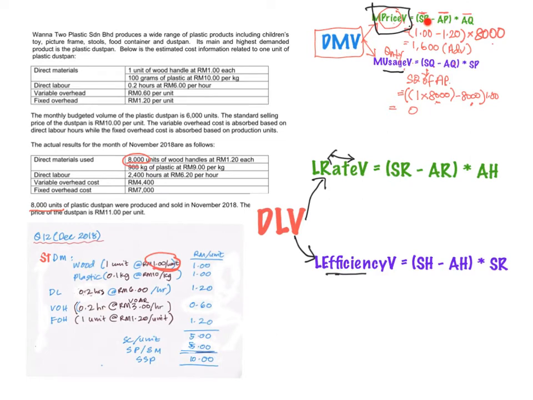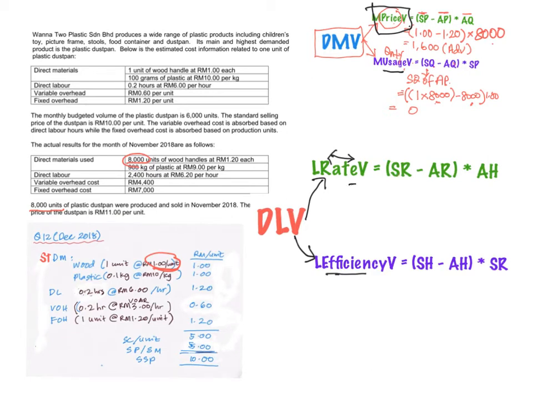You just replace the price with the rate and the quantity with the hours. So we are asking, is there a difference between the amount that we actually pay our labor and the standard rate? So let's try to answer this question.